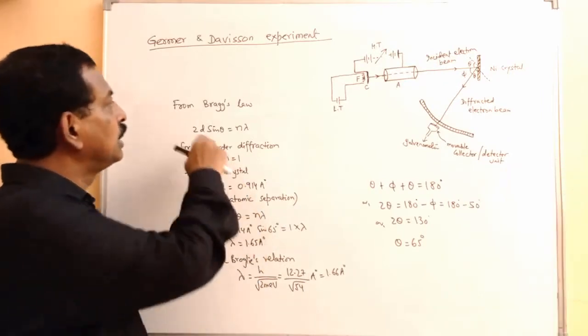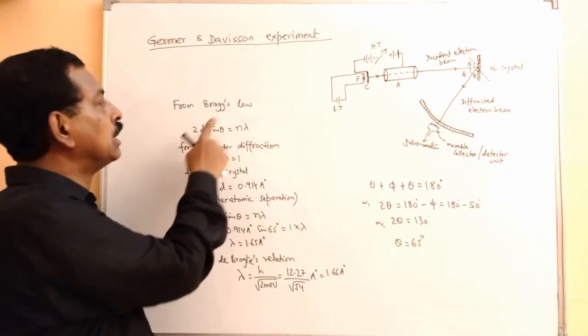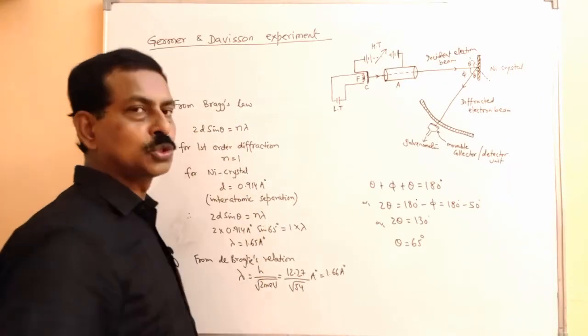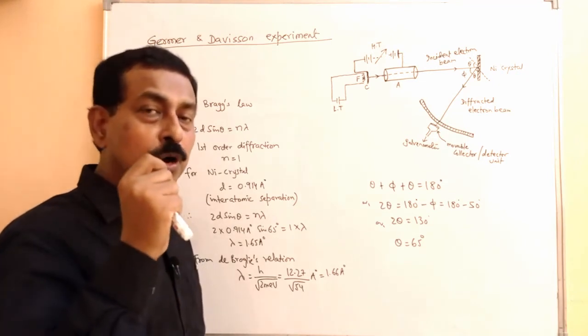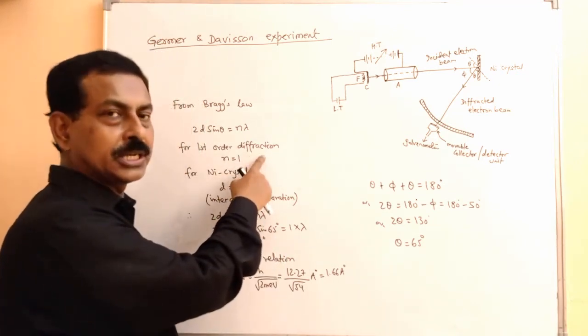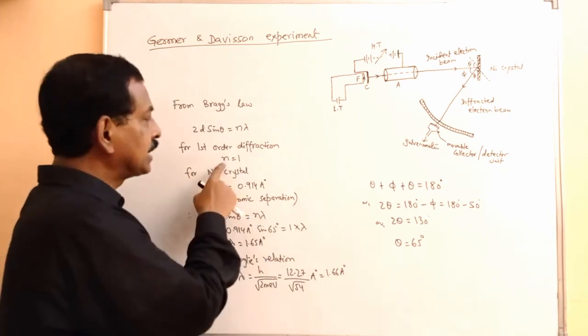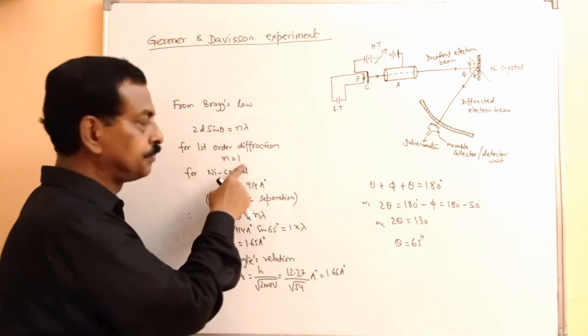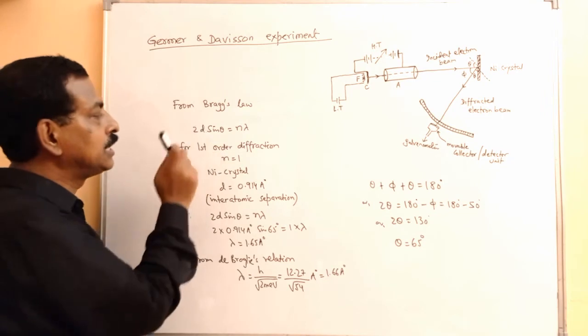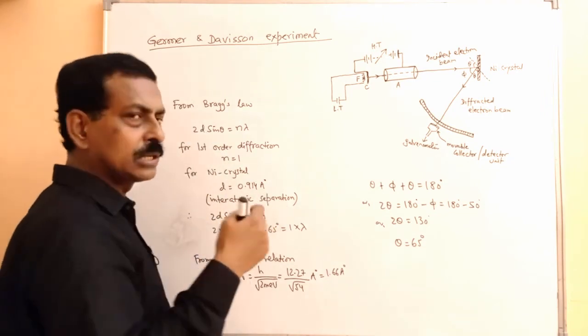Now if you consider Bragg's law, it is 2d sine theta equals n lambda, and for first order diffraction, n will be taken as 1. This d is the interatomic spacing or separation.